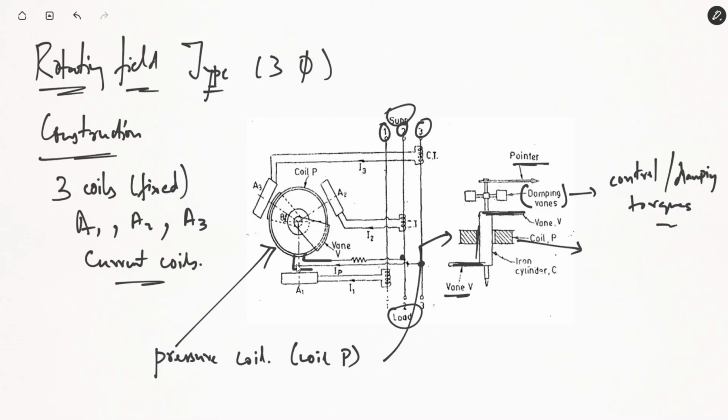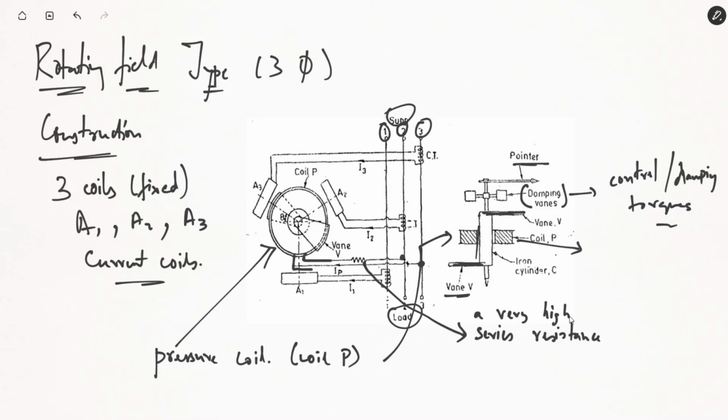And this current will be carrying a highly resistive... This pressure coil is attached to lines 2 and 3 of the 3-phase circuitry with a very high series resistance.